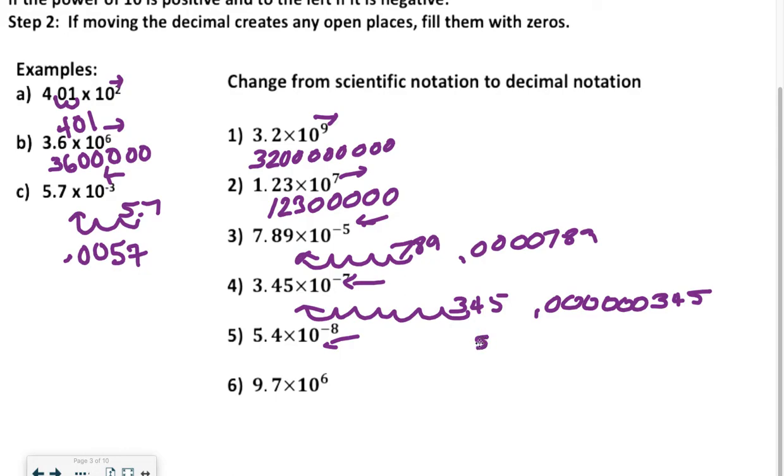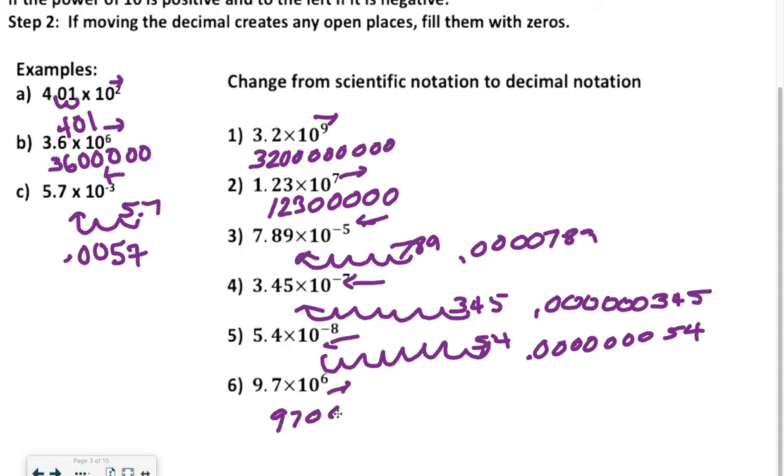That would just be 1, 2, 3, 4, 5, 6, 7, 8. So that's going to be 7 zeros and a 54. And this is 6 to the right. 1, 2, 3, 4, 5, 6. So be careful when you're going from one direction to the other.